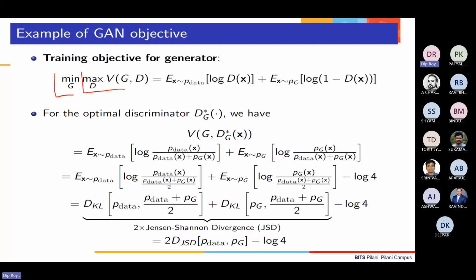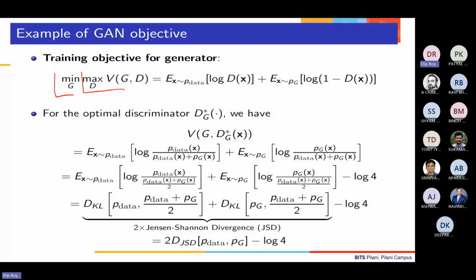We never said that we are doing a divergence minimization, but now with all these derivations, you are seeing that whatever we are doing is essentially translating to some form of divergence minimization.